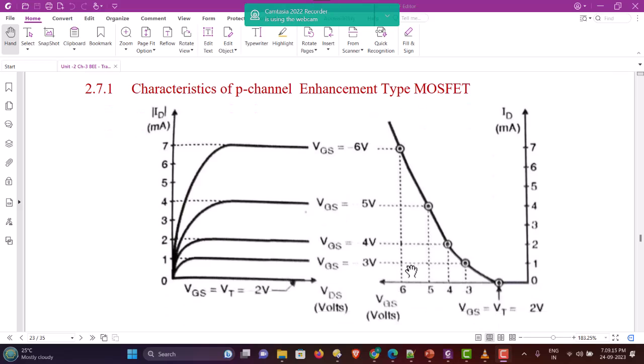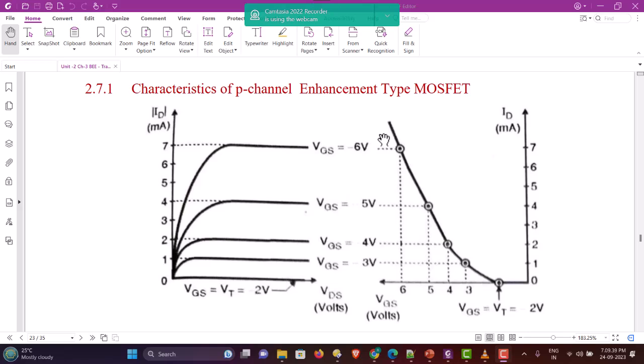The characteristics of P-channel MOSFETs are similar to N-channel MOSFET, only in the curve here you will see VGS will be negative, whereas in N-channel MOSFET we are applying positive VGS. The shape of the characteristic is the same.